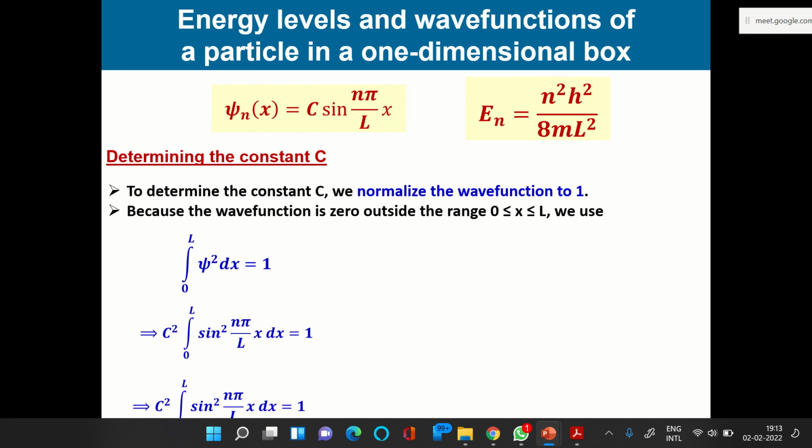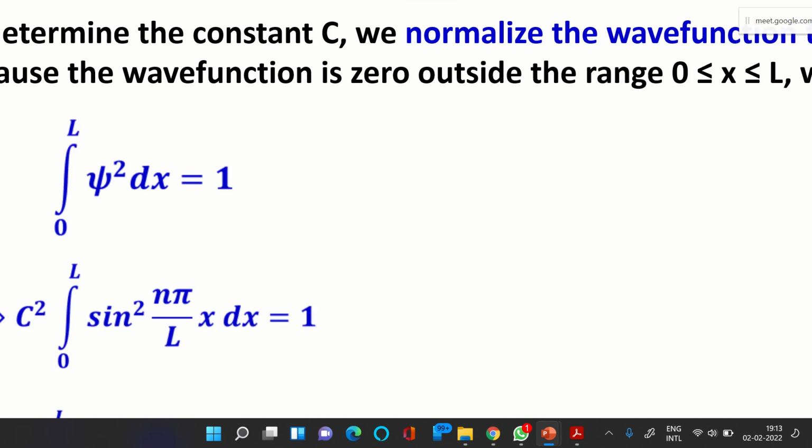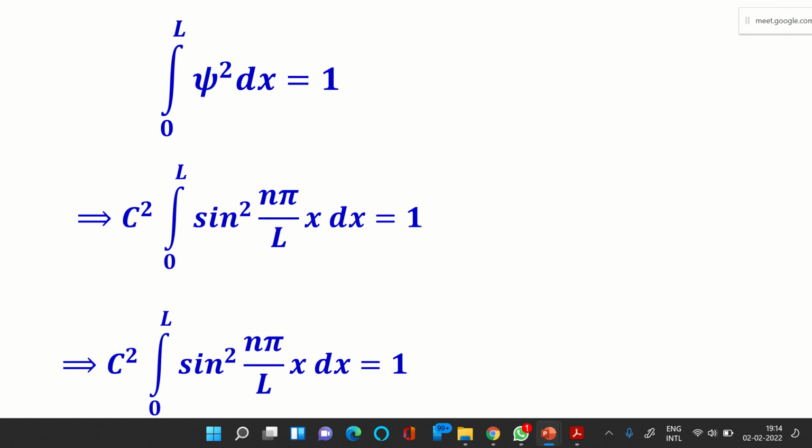So when you do this, you can square it like this and then write this part. Now you can evaluate it.